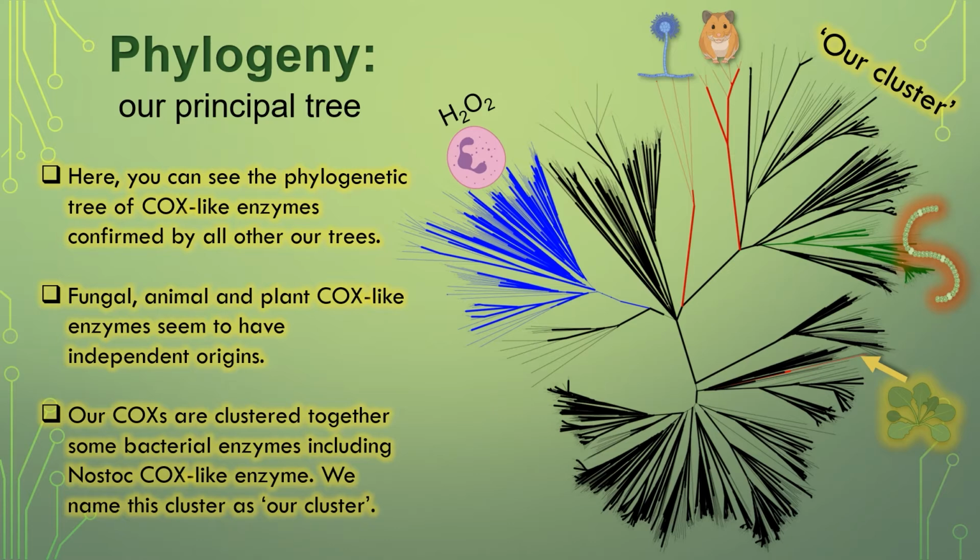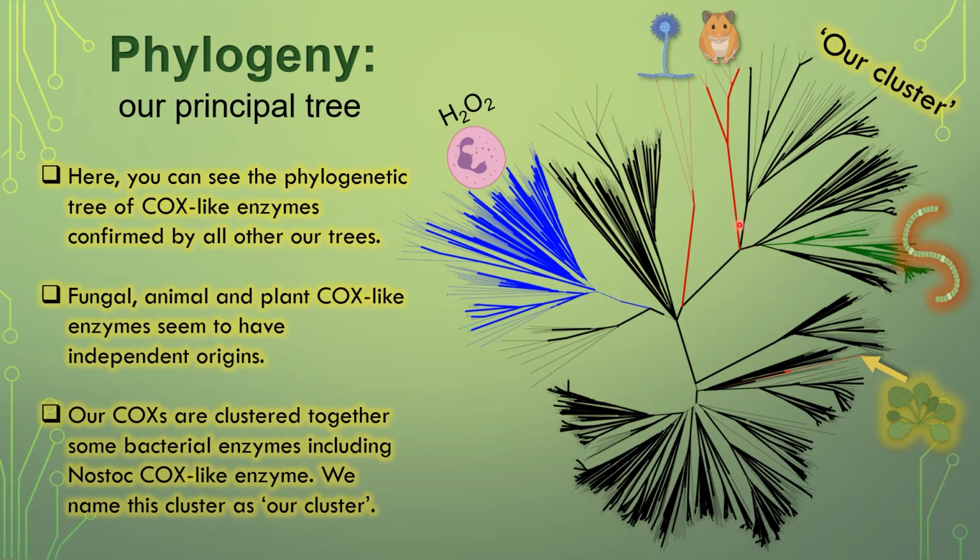All other trees confirm our principal tree that includes vertebrate cyclooxygenases, fungal enzymes, plant alpha-dioxygenases, myeloperoxidase and eosinophil peroxidase-like enzymes, and cyanobacterial enzymes, including the aforementioned Nostoc punctiforme enzyme that was already experimentally characterized.